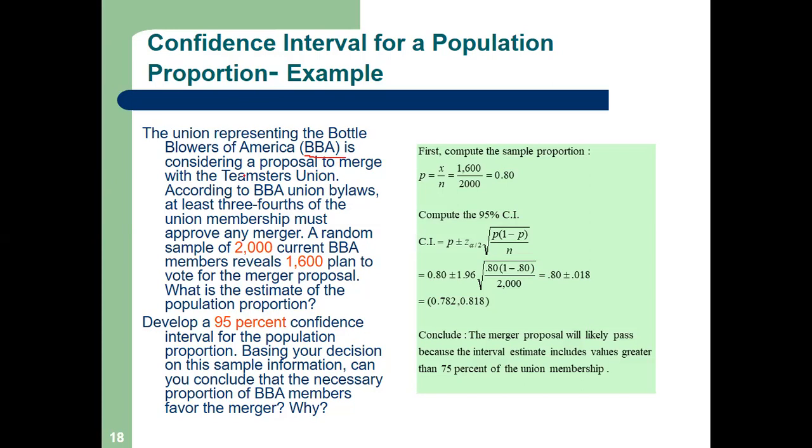According to BBA union bylaws, at least three-fourth, three-fourth means 75%, of the union membership must approve any merger.